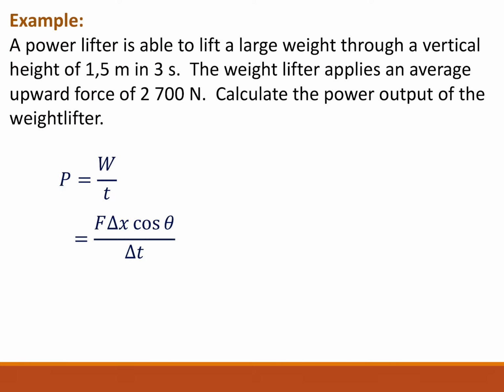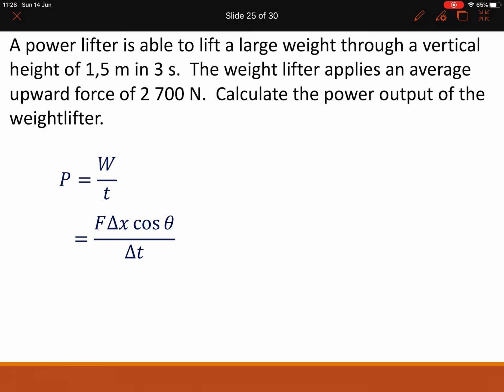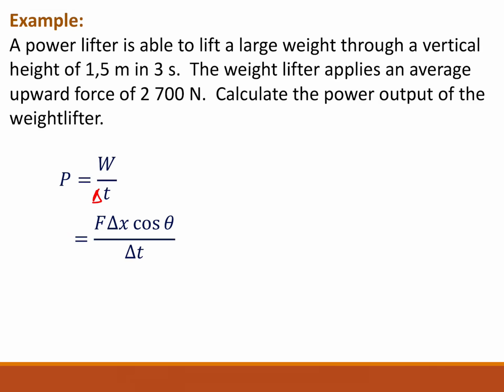Well, the work done would be F delta X cos theta, and there really should be, so I'm just going to add it in here, a delta over here. That's a typo. Okay, so there's a delta over there. We know the force, 2,700 newtons. We know the height, 1.5 meters. We know the time.